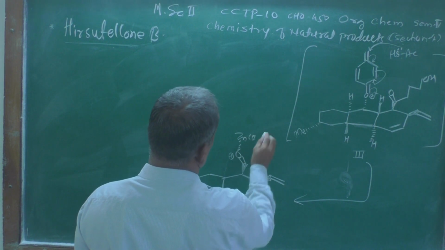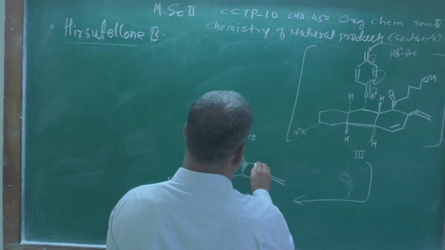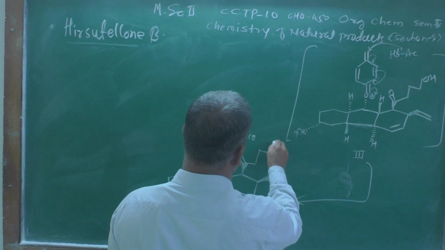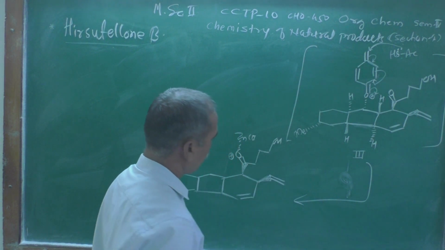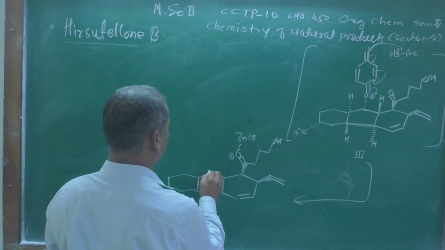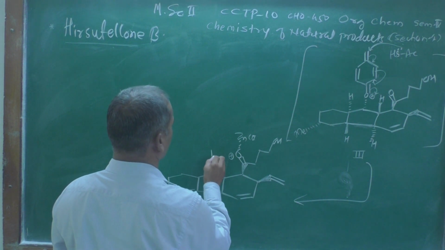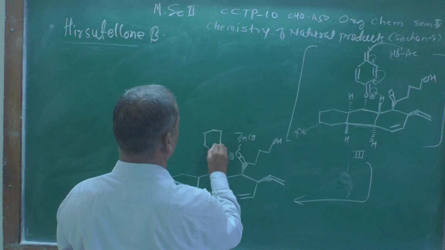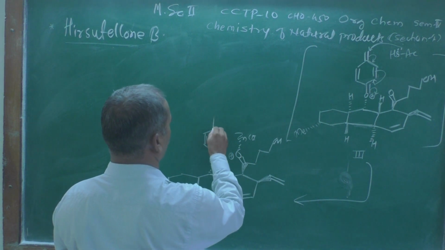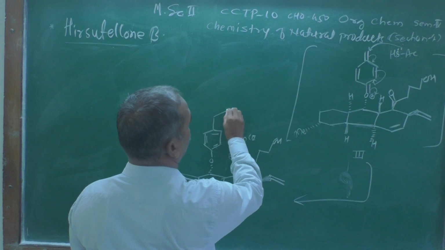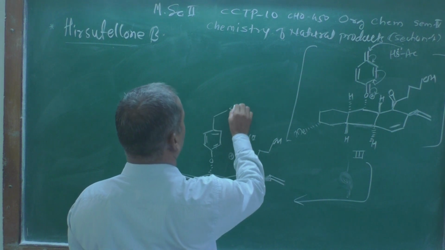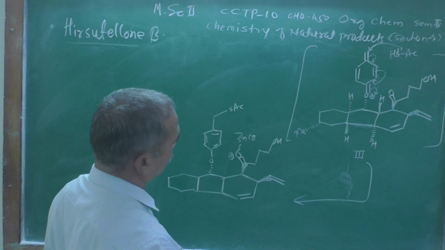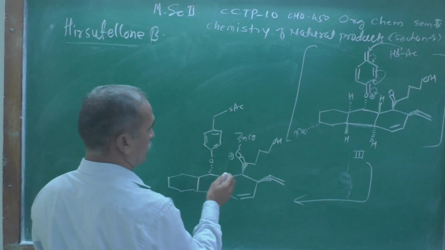Then CH2 and this OH, and here O, then this group. Now here is SAC, and the rest of the thing remains as it is.